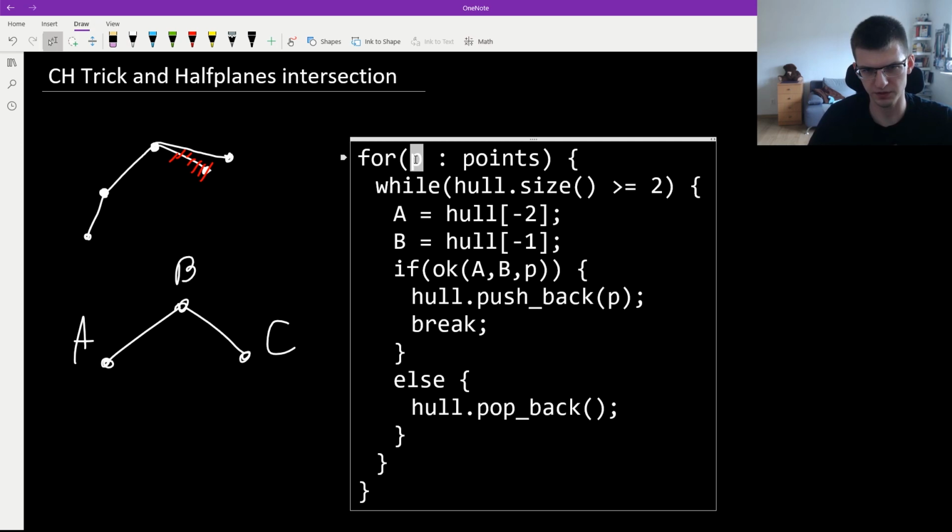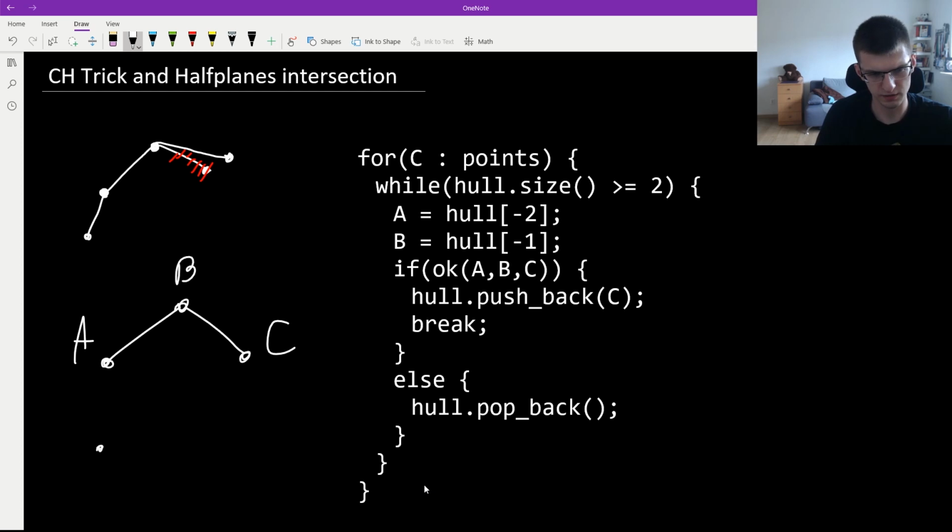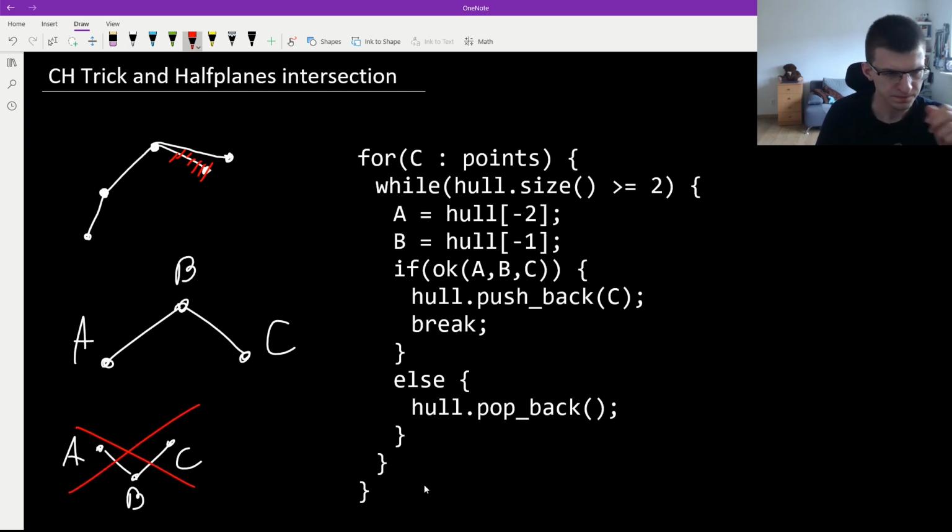So every new point c, we check if it's good relative to a and b, if everything is convex. If b is below the line AC, then this is bad. We don't want that to happen. Yeah, so ok changes if we have the scenario that is above.